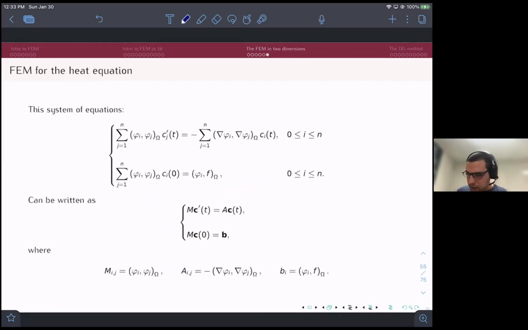So now what I can do, I can write this as MC prime is equal to AC and MC0 is equal to B. So this is just a system of ordinary differential equations, nothing more than that. A couple things about the system. Systems like this would tend to be stiff, so it's usually recommended to use an implicit time integrator, but you can solve them with ease usually.